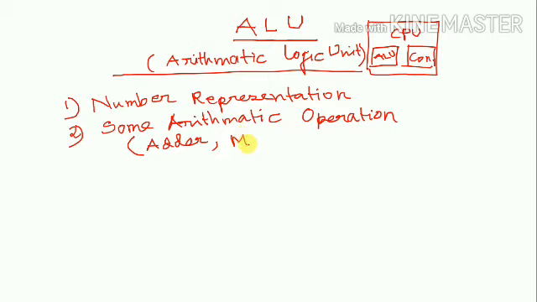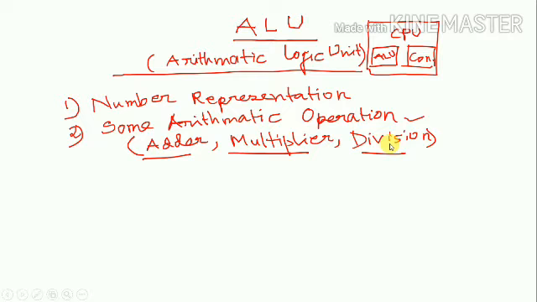Then multiplication, the multiplier, and the division operation. So in arithmetic operations we will study the adder circuit, multiplier circuit, and division circuit. And then the last topic we will study is the floating point number representation.